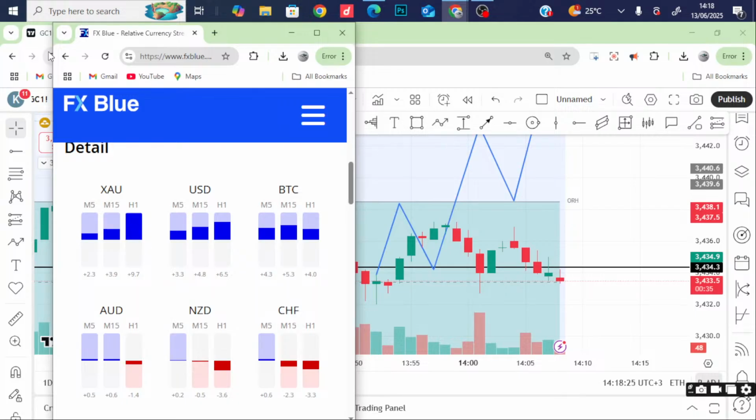If there will be a reduction in the volume of dollar, then we shall take a buy trade. But since I can see the volume is so high, there's been a very high rejection from the ORB, from the higher point of the ORB.